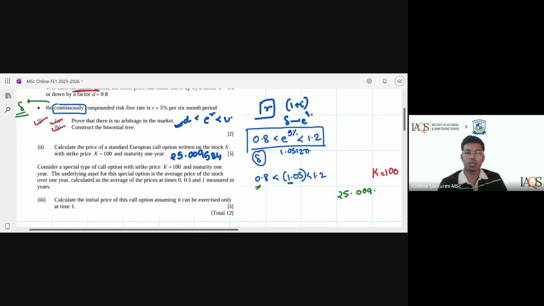Think about it and then give it a shot. First, let me know the payoff, then go ahead. How many states are there and what are the values of the payoffs?